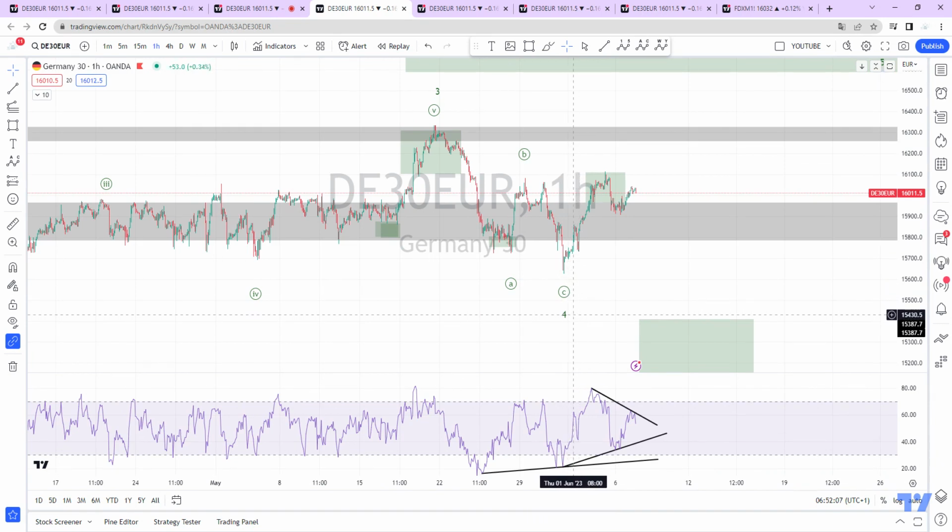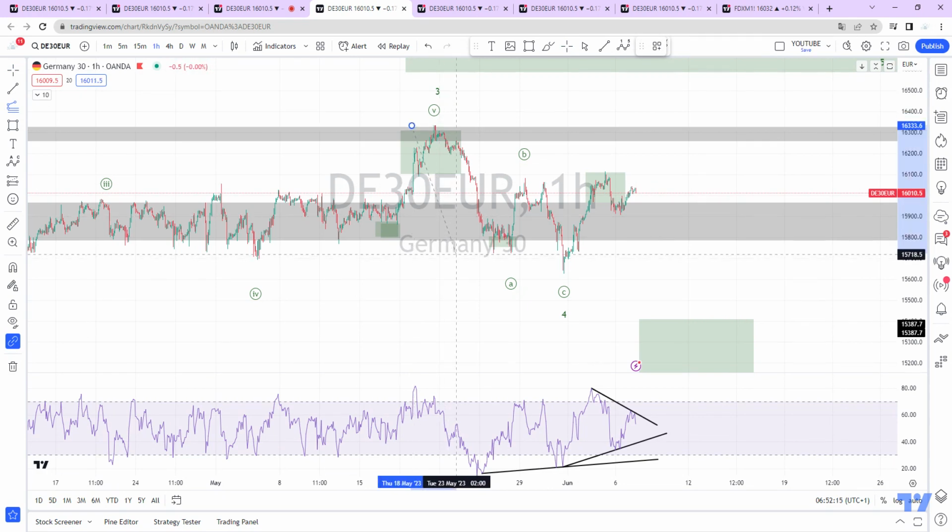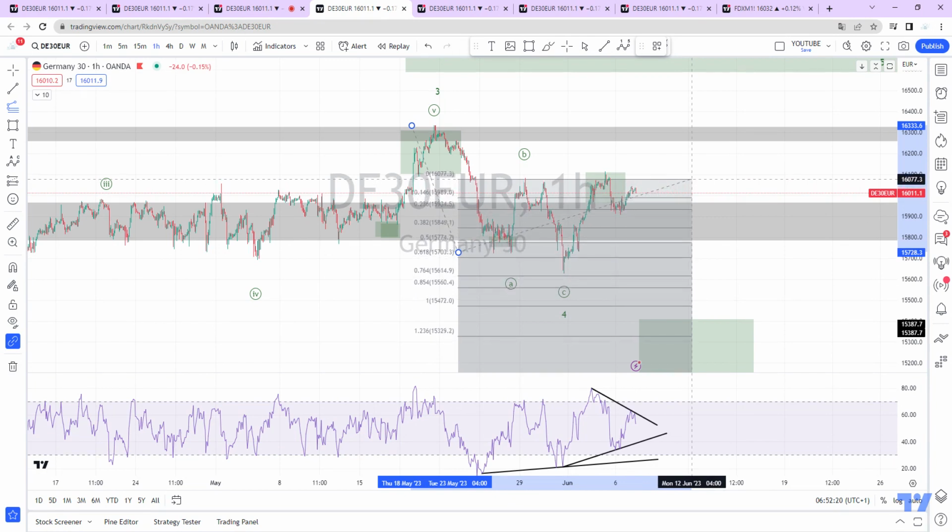Otherwise, this would be a good area to go long. We didn't reach that area, so normally you would initiate a long trade from here, but that did not happen.